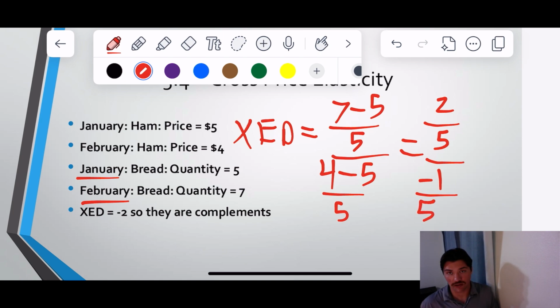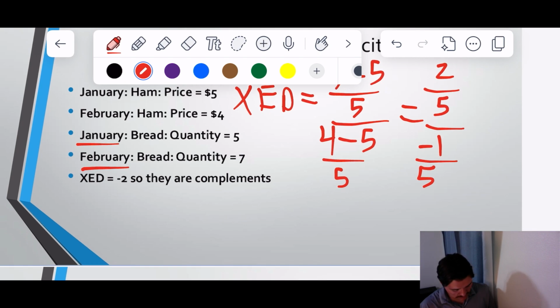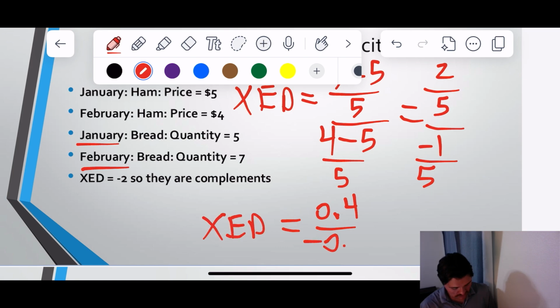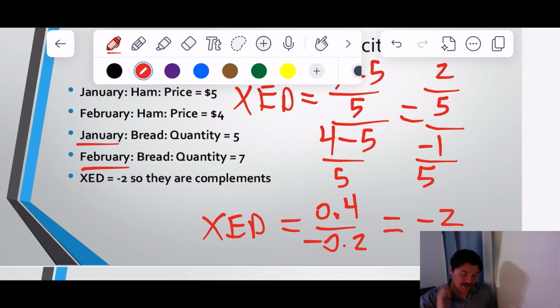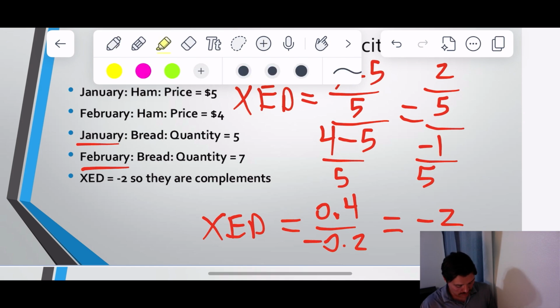Make sure you follow that negative number. From here, we'll do 2 divided by 5, and that is 0.4. And we'll do negative 1 over 5, which is negative 0.2. And so you're going to get negative 2. So again, because it's negative, they are complements. And it's negative 2.